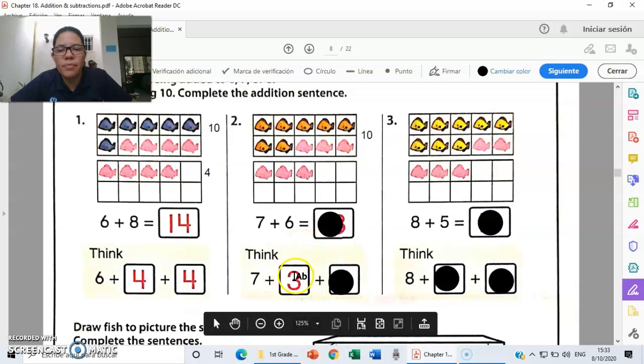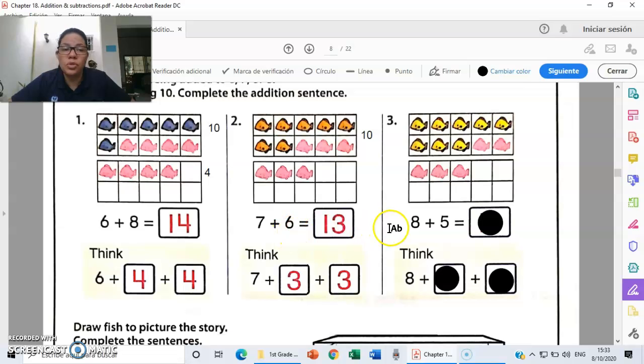So you got 3 pink ones, and then you add the other 3. So 7 plus 3 equals 10. And then 10 plus 3 equals 13. So 7 plus 6 equals 13.